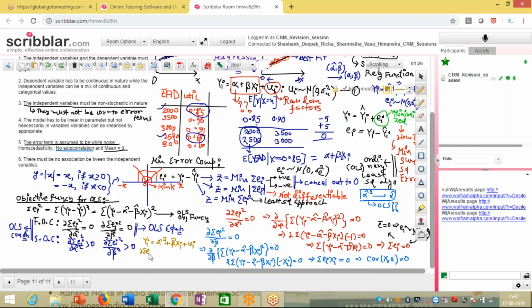Taking the derivative of the summation of ei square with respect to alpha hat, this implies yi and beta hat x. So everything else remains unchanged, not much of a change happens.